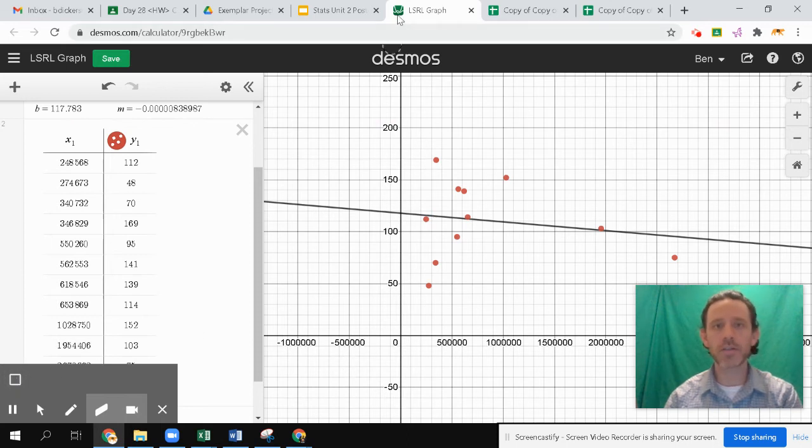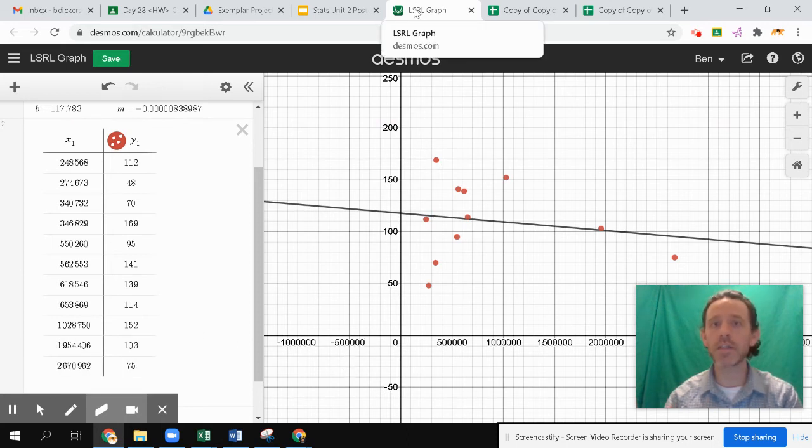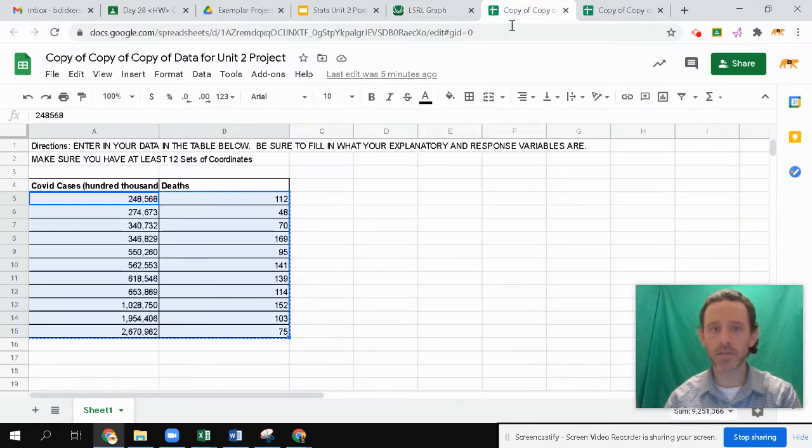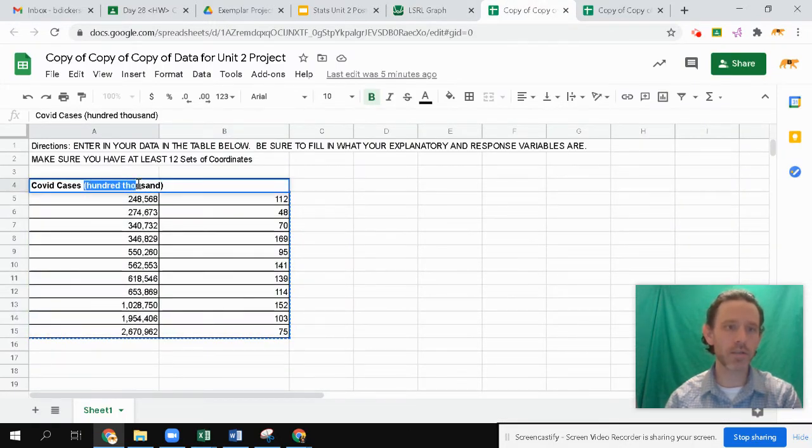The other alternative is to make the units in hundreds of thousands. So what am I talking about here? If I come here, I can make the units, say this, be COVID cases in hundred thousands, or hundred thousands of people.